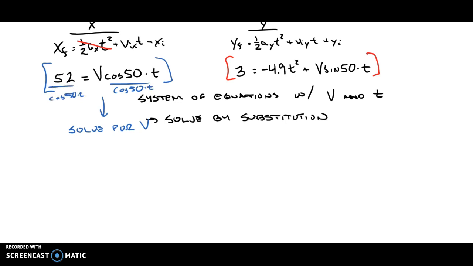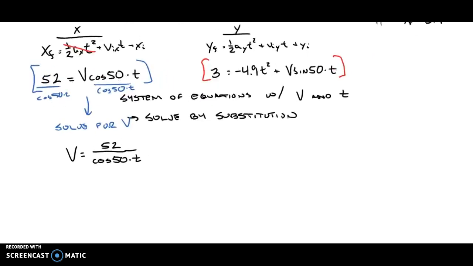And so I get a new equation that says v equals 52 divided by cosine of 50 times t, all in the denominator. And I can take that value and plug it in for v in the second equation, in our y equation.